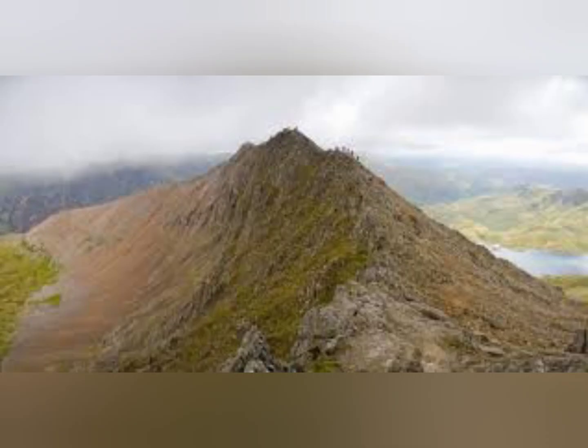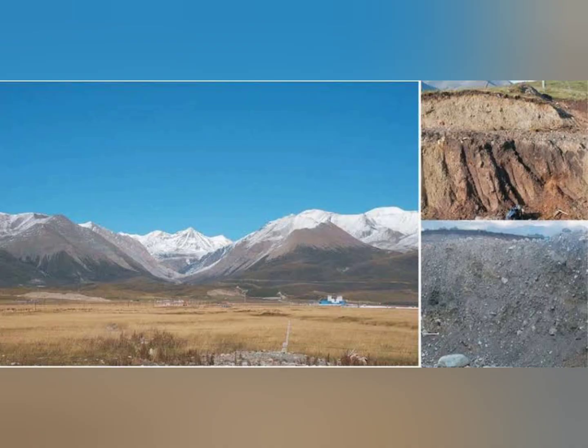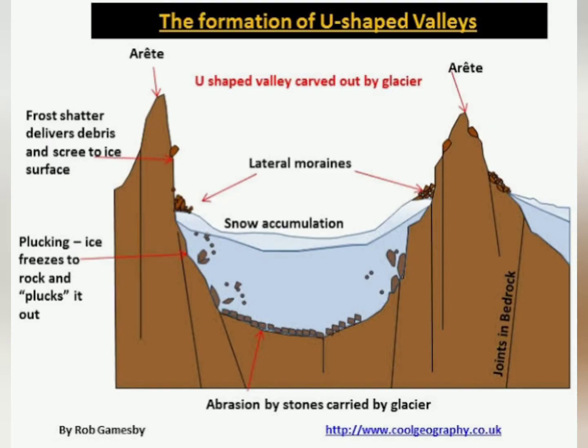When two adjacent cirques erode towards each other, the gently rounded landscape is transformed into a narrow, rocky, steep-sided ridge called an arete. Next, the U-shaped valley is found beneath the glaciers, which is deepened and widened by lateral and vertical erosion. It forms a U-shaped valley.